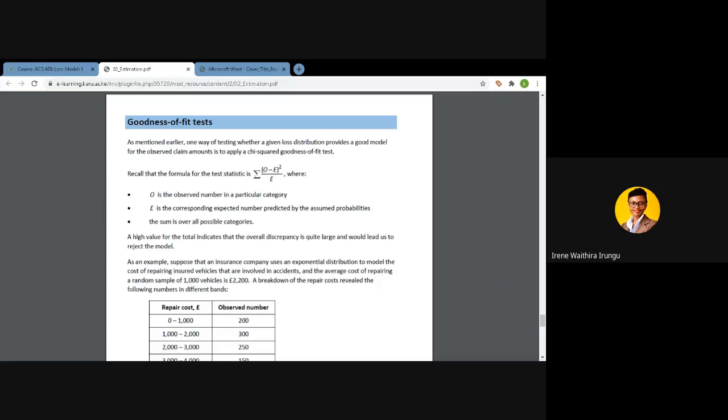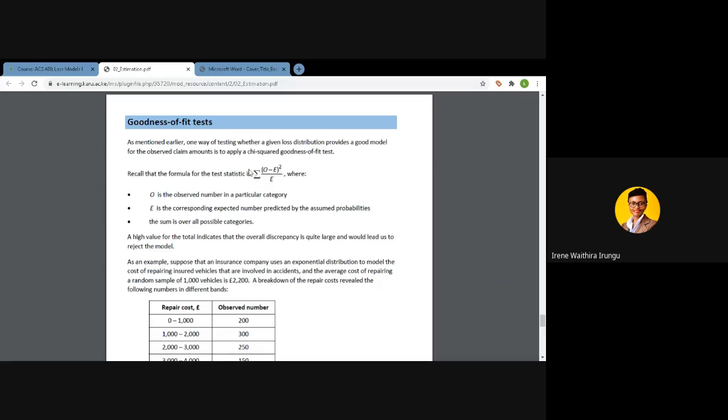So you need to measure how your distribution is performing against what is actually being experienced. We shall apply the chi-square test for the goodness of fit, where we seek to determine how far off my observed values are from what I expected from my distribution. This is the chi-square statistic which we shall be applying.